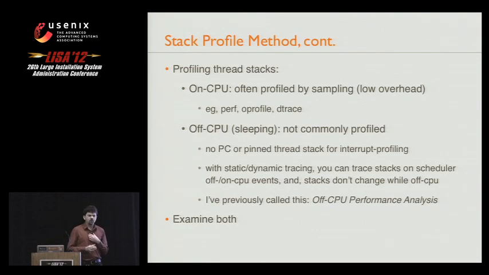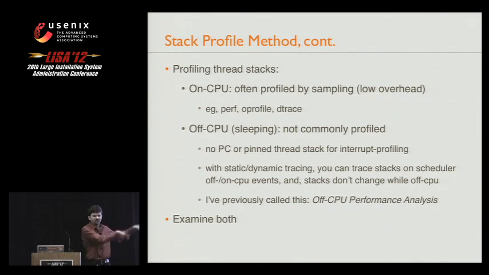It's different from what things currently do because I'm interested in stacks both on CPU and off CPU. There are a bunch of tools already that do stack sampling of on-CPU stacks, like perf and oprofile and DTrace. And actually, there's a whole bunch of tools that do profiling by instrumentation, and they slow your target down by like 10x or 30x.